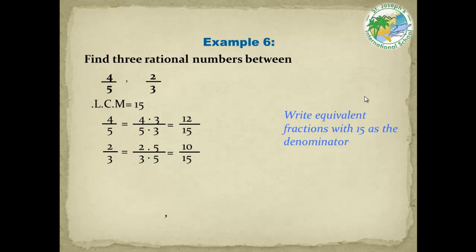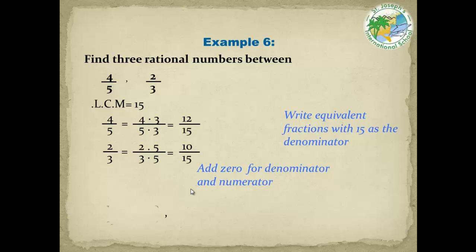How? Write equivalent fractions with 15 as a denominator. Okay, we add 0 to the denominator and numerator. These are very important steps to find a rational number between any two fractions. We write 0 in both the numerator and denominator for the two fractions.